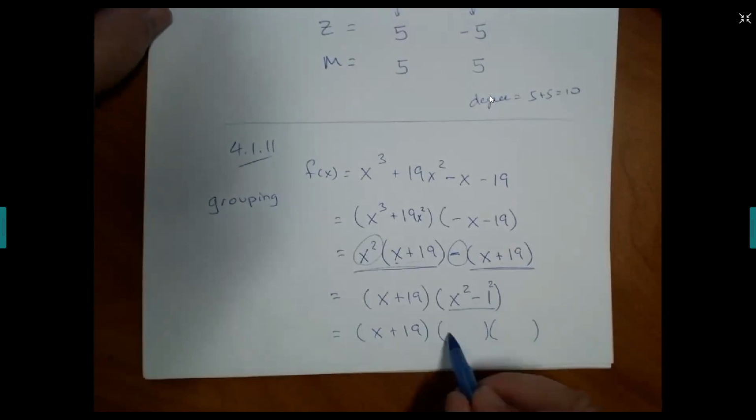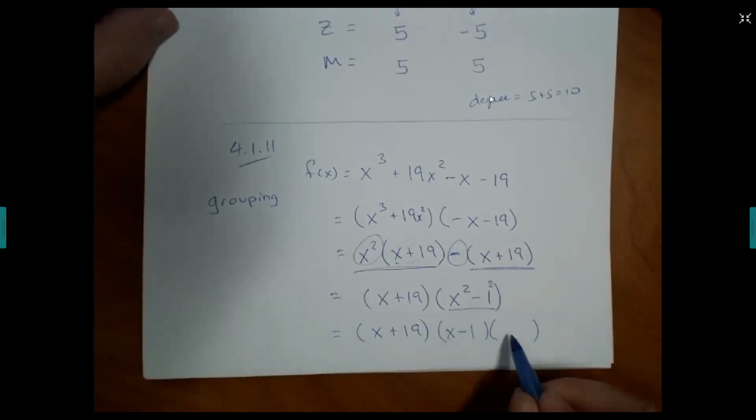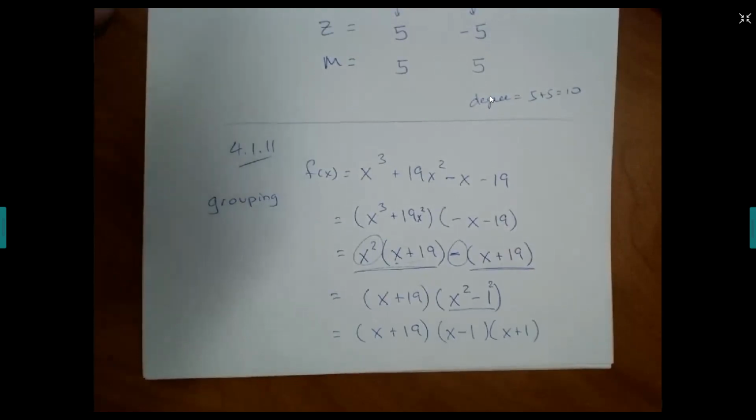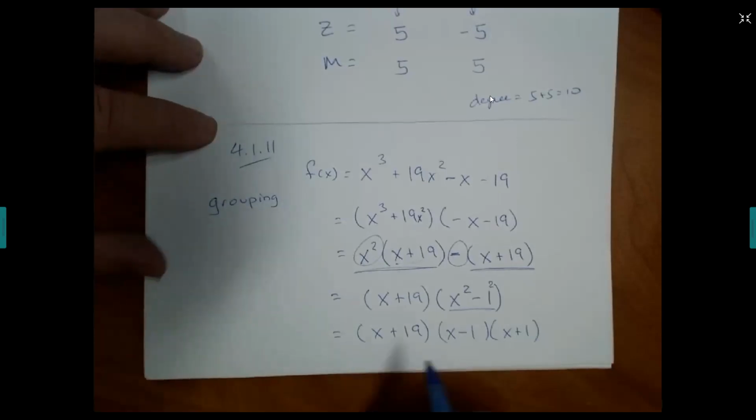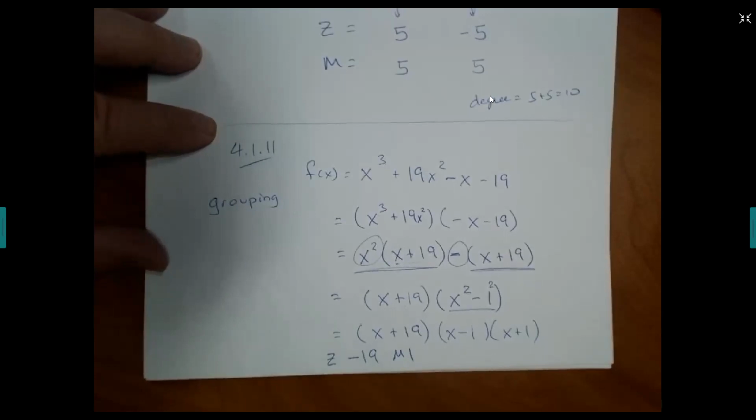So it's a difference of 2 squares: x minus 1, x plus 1. Yeah, so the zero of this one is negative 19 with multiplicity 1, zero of 1 with a multiplicity of 1, zero of negative 1 with multiplicity of 1.